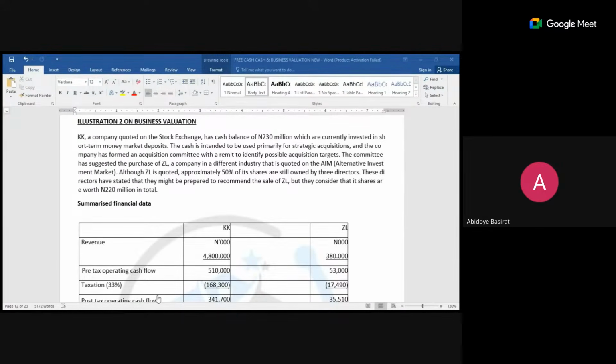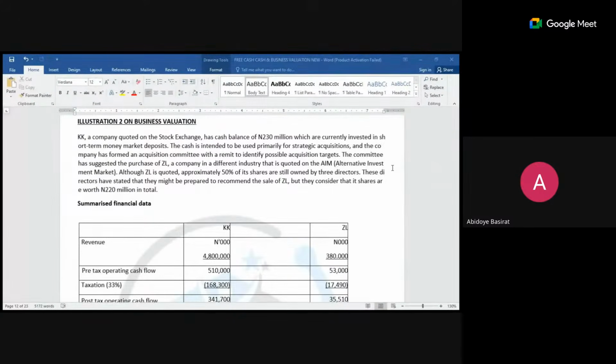For historical cost, it is just your total assets minus your total liability, so you get your market value under the asset-based method. Under the income-based method, there are a lot of formulas. There's the price earnings ratio, where you multiply your price earnings ratio times your earnings per share to get your market price.